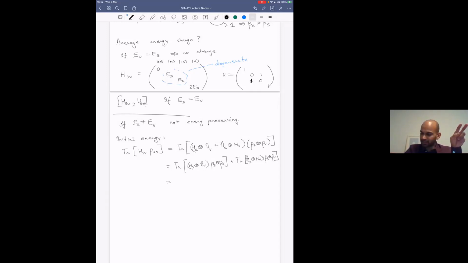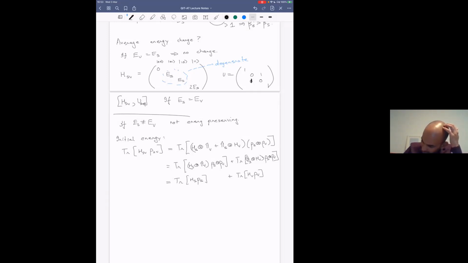In the first case, I have the identity operator on system V times some random density matrix on V. If I just take the trace over V of that, I'm going to end up with 1 because the states are normalized. So I can already trace out that part, and I'm just left with trace of rho S HS. And the same way in the other one, I'm left with trace of rho V HV.